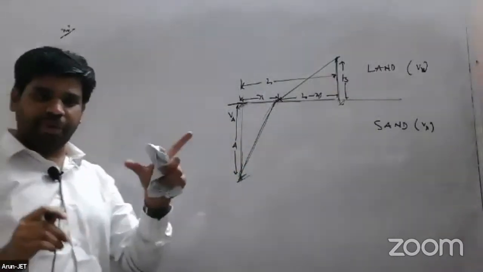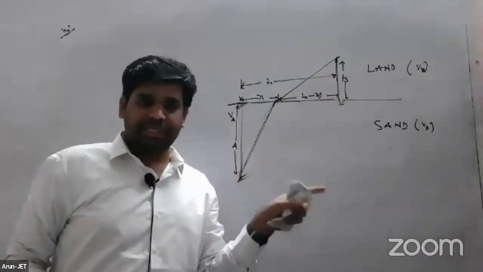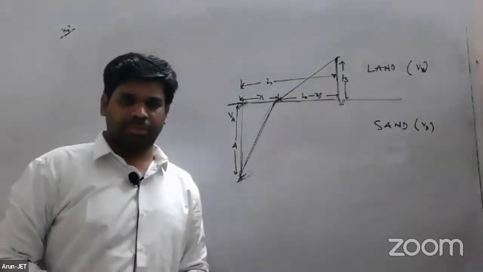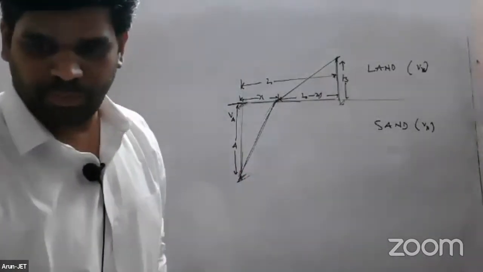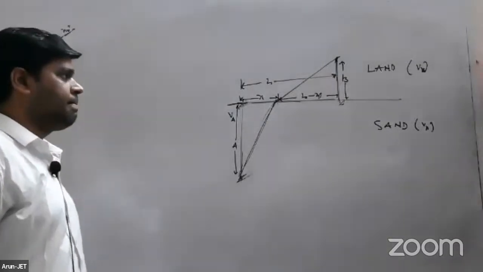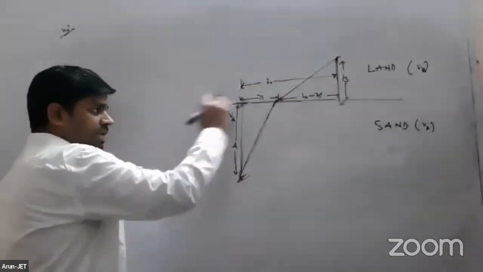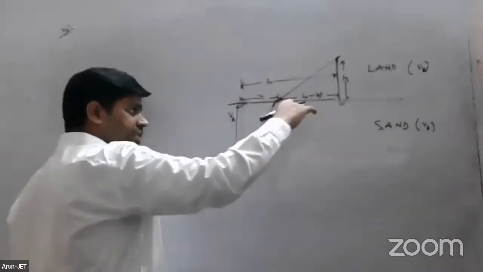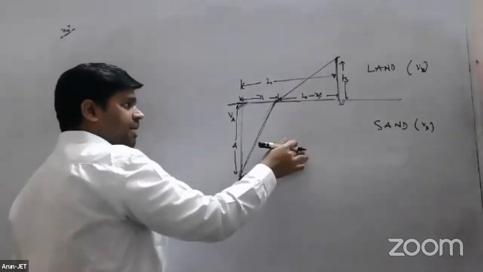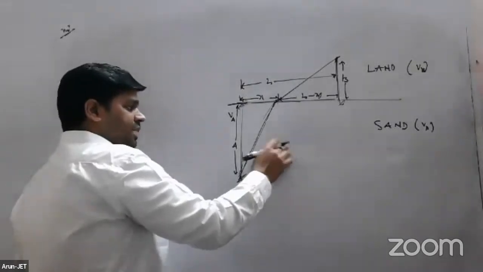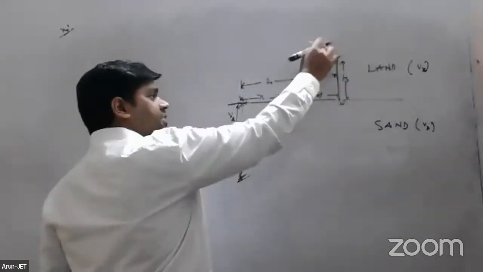In the previous case, length of the pipe was minimum. But here the time has to be minimum. So where should he land on this interface, the bifurcation of the land and sand, such that the time taken for the person from A to B is minimum?